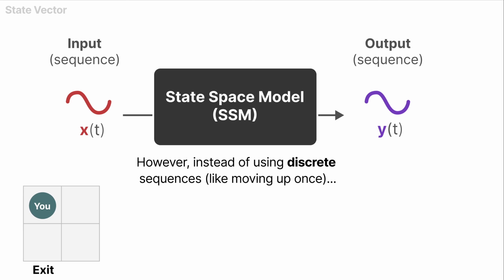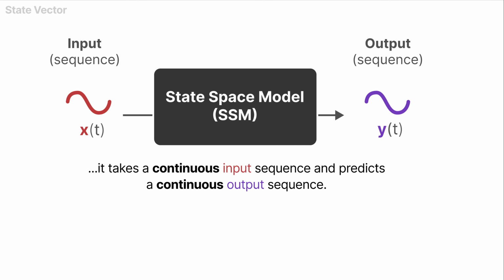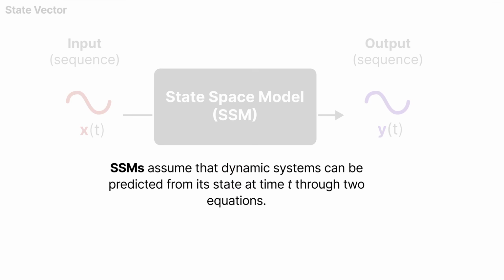However, instead of using discrete sequences like moving up once, it takes a continuous input sequence and predicts a continuous output sequence. SSMs assume that dynamic systems can be predicted from its state at time t through two equations.